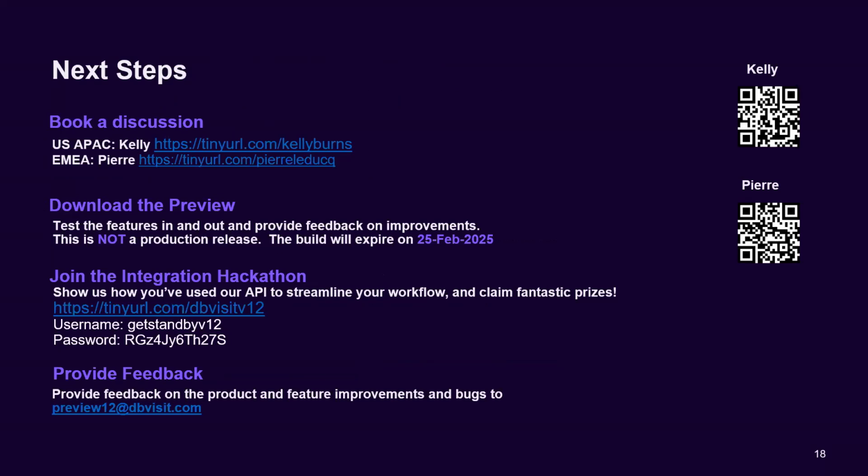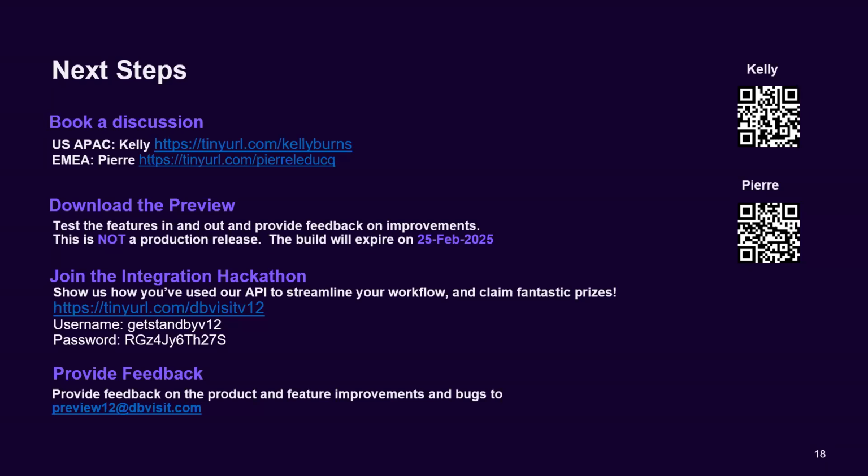And you can download the preview, test the feature in and out, and provide feedback on improvements. I'm just going to reiterate what Alex said earlier: this is not a production release. The build that you're downloading will expire on 25th of February 2025, so it's not going to work after 25th of February.